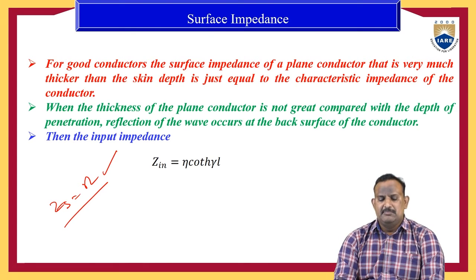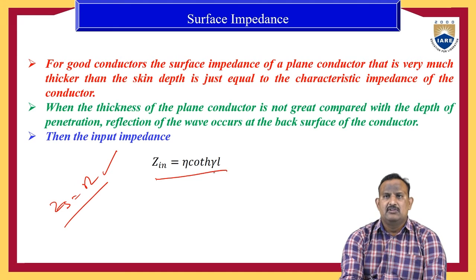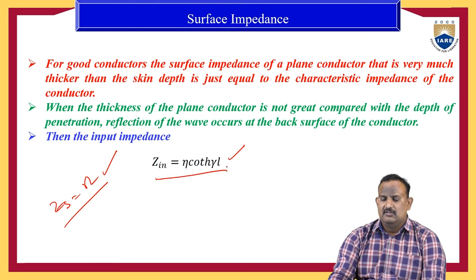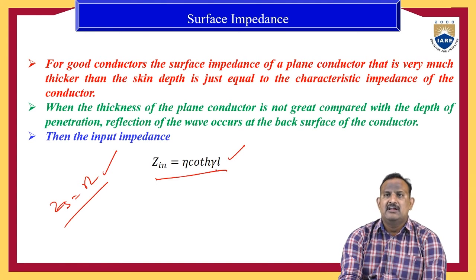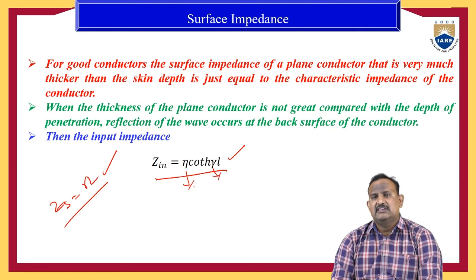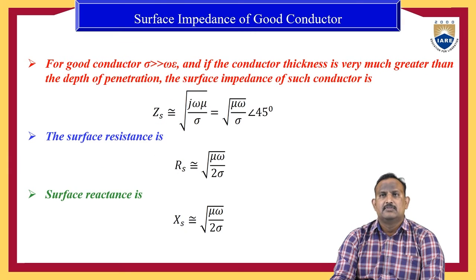Then the impedance can be defined as Zn is equal to eta into coth gamma L, where gamma is the propagation constant, L is the length of the conductor, and eta is the intrinsic impedance or characteristic impedance.